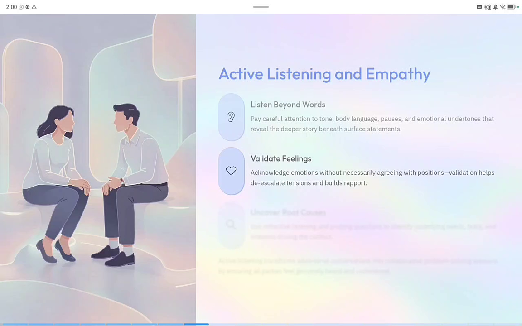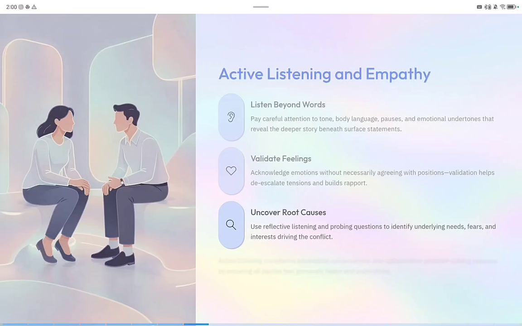Now let's get into the third part of active listening. The third part of active listening is to uncover root causes. How do you uncover root causes? Use reflective listening and probing questions to identify underlying needs, fears, and interests driving the conflict.